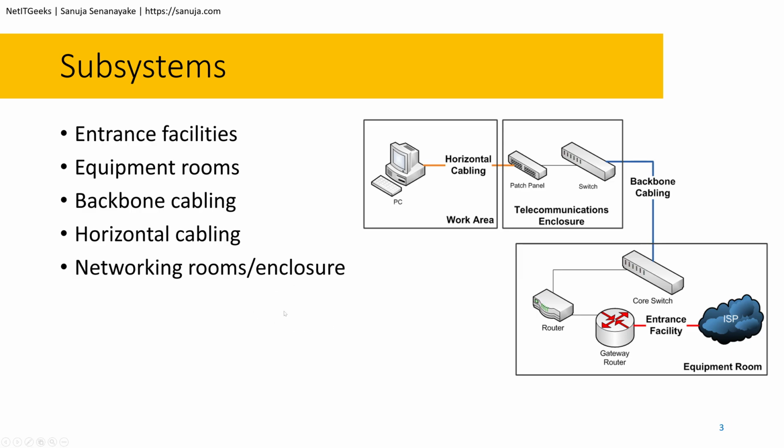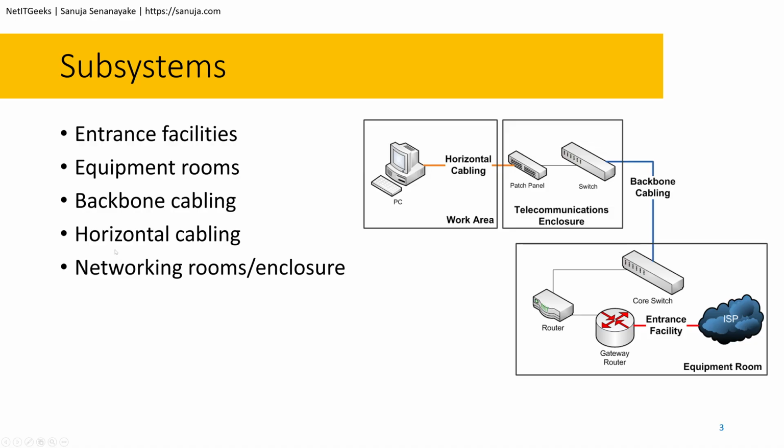What they basically do is connect between the backbone cabling and the horizontal cabling, and the work area components connect the user equipment to the outlets on the horizontal cabling side of things. So these networking rooms are basically a mediator, sitting in between the backbone cabling and the horizontal cabling.